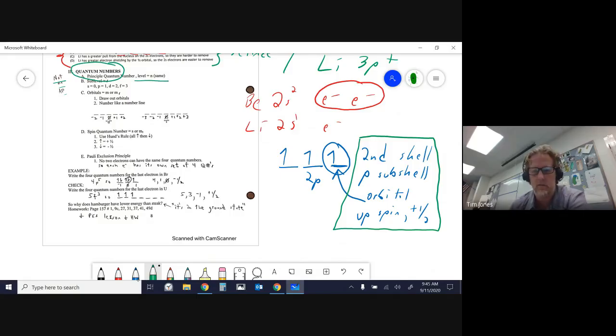It's, in this case, 2. The second quantum number is the sublevel or subshell. An S is a 0, a P is a 1, a D is 2, an F is 3. So just remember to start at 0 and you'll be okay. In this case, because it's a P, we would say 1.